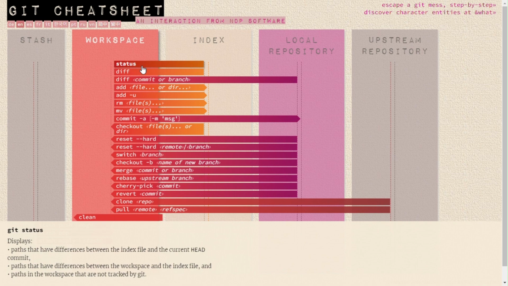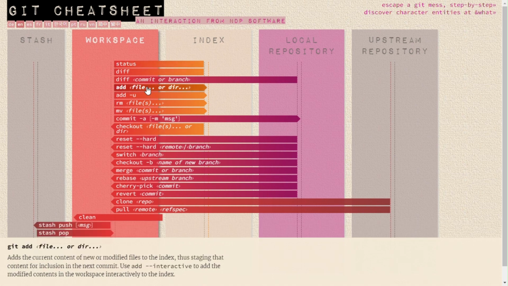It can also show you the files that have already been staged and the ones that are yet to be staged. If you need to add any file to the staging environment, you do that using the git add command. Git add command informs Git to stage those file changes that you've made.